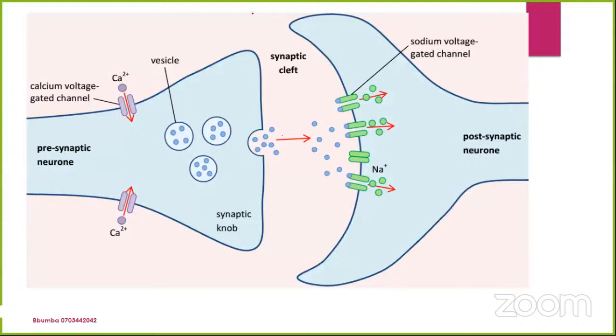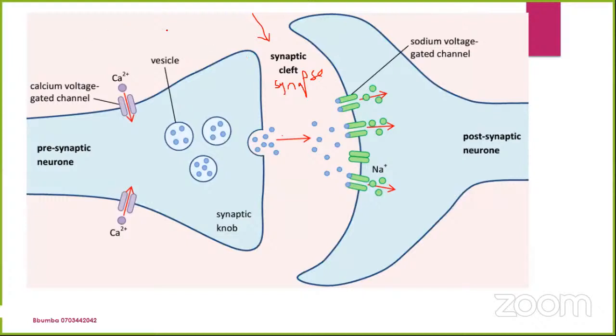I said there is a gap between one nerve cell and another. Now that gap is called a synapse, also known as the synaptic cleft. You can call it either a synapse or a synaptic cleft.